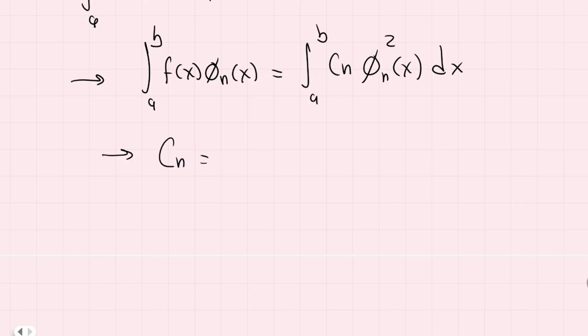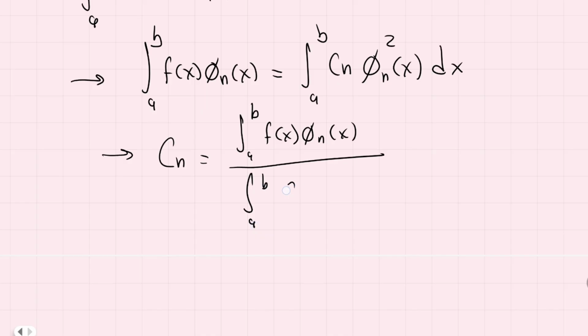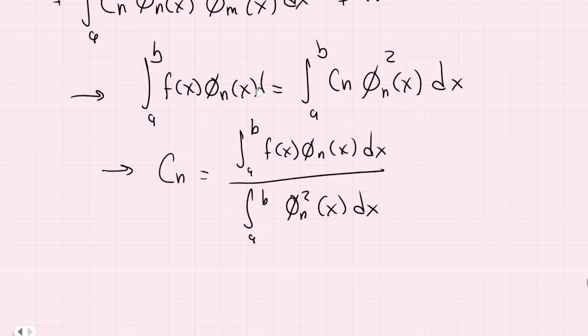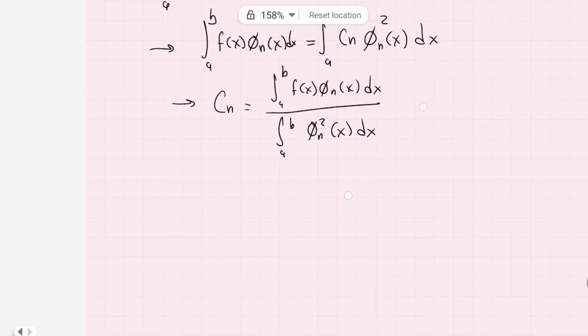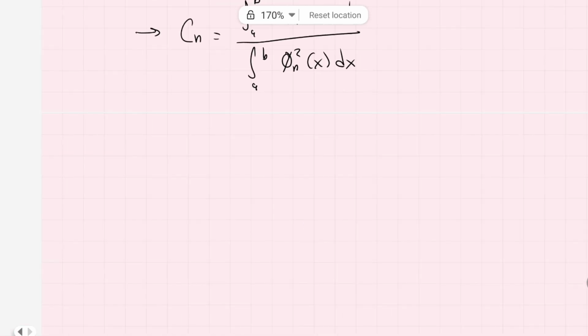Cn is going to be equal to the integral from a to b of f of x phi n of x over the integral from a to b of phi n squared of x dx. And I forgot a dx here and here.